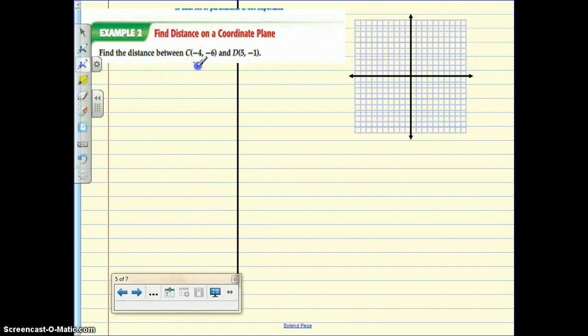So I like to start by labeling my x and my y coordinates. And now we're going to find the difference between the x coordinates, squared. So 5 minus -4.